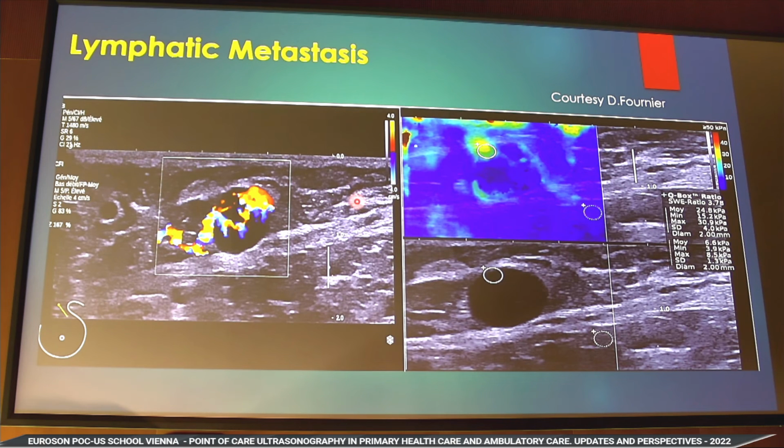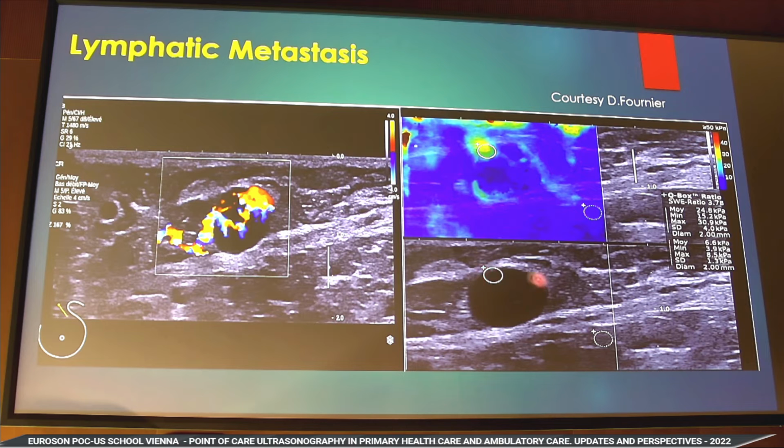If you are interested in the analysis by elastography, you have to go to the publication of Dr. Fournier, a Swiss colleague. He made a very interesting analysis, and he tried to perform Doppler and elastography on the lymph nodes.